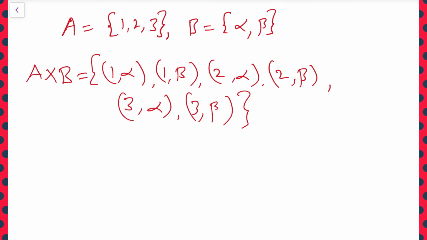F is a relation. He wrote it as {(1, alpha), (2, beta), (3, alpha)}.